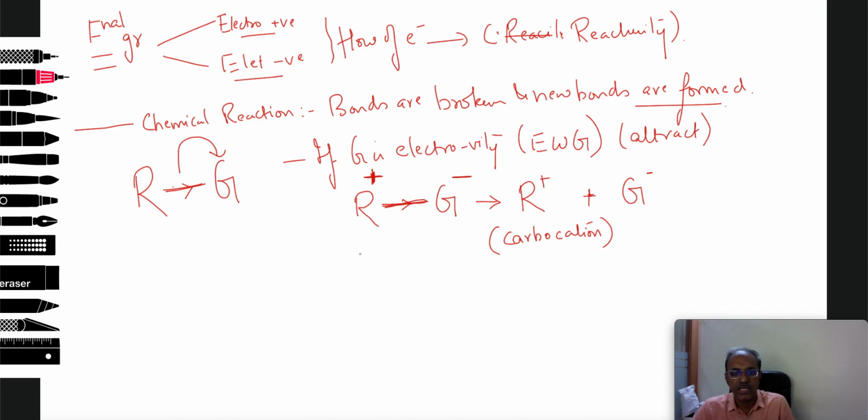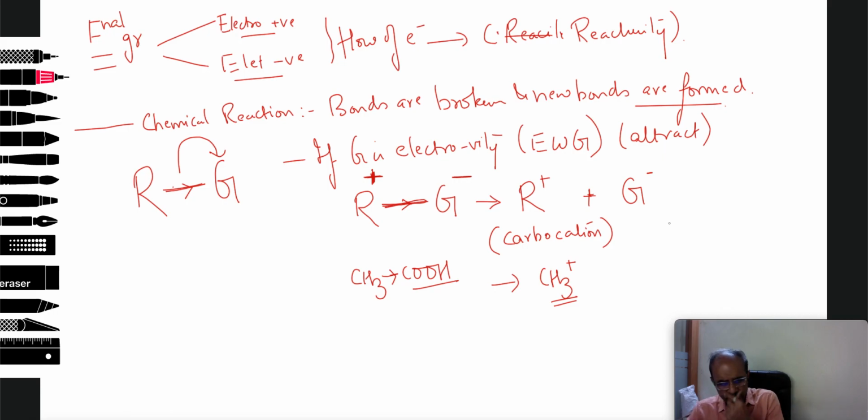Take for example, suppose CH3COOH. It is electron withdrawing. Fine. This is a functional group. In this case, some CH3 plus is going to form, which is carbocation. Right? There are many other ways by which carbocation is formed.